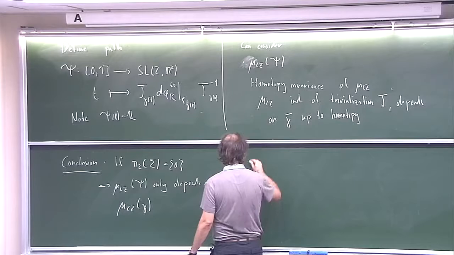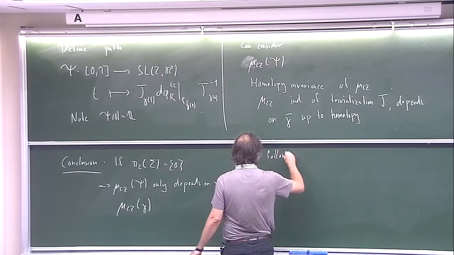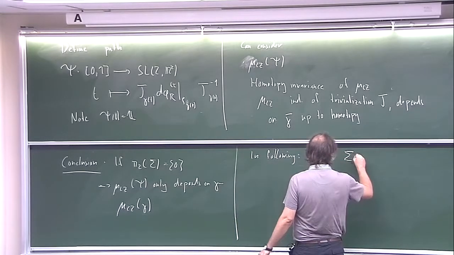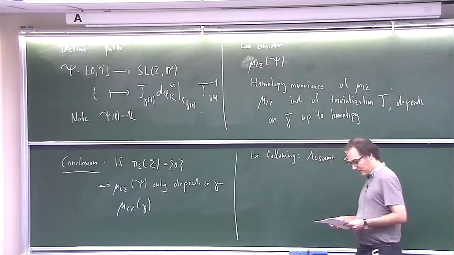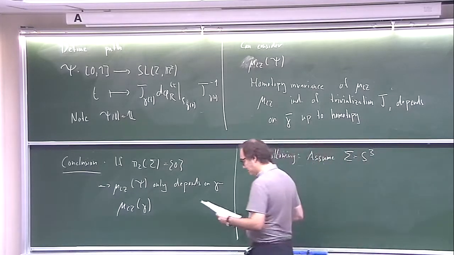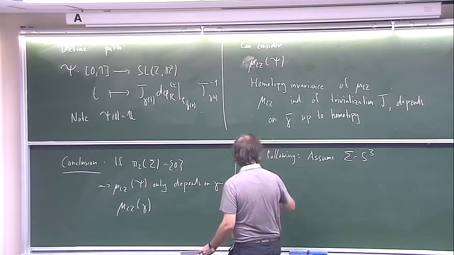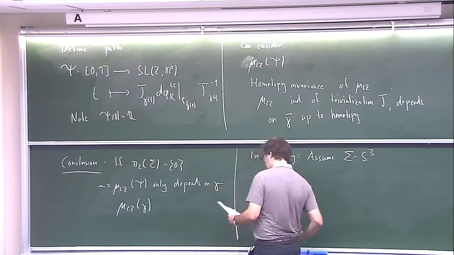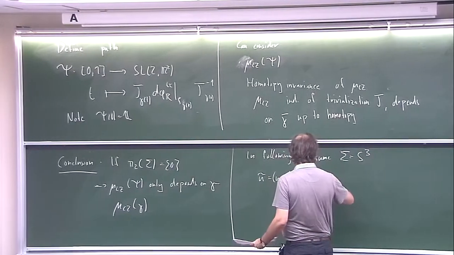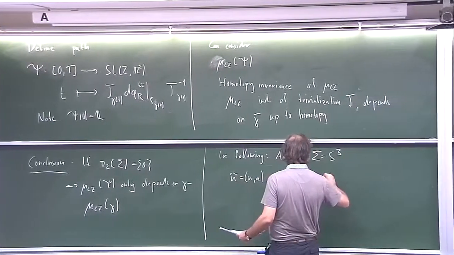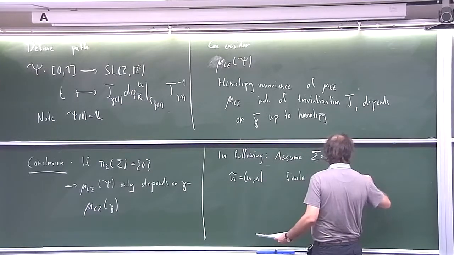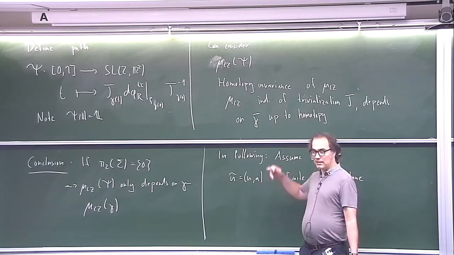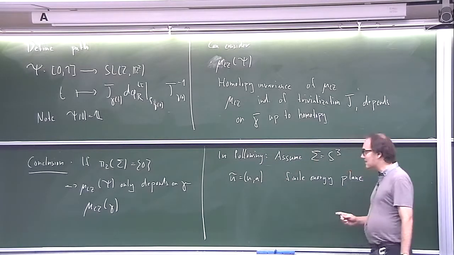In the following, assume sigma equals S3. So we have a well-defined Conley-Zehnder index. And so suppose we have u tilde, u-tilde is a finite energy plane, and then we know that there exists an asymptotic Reeb orbit.